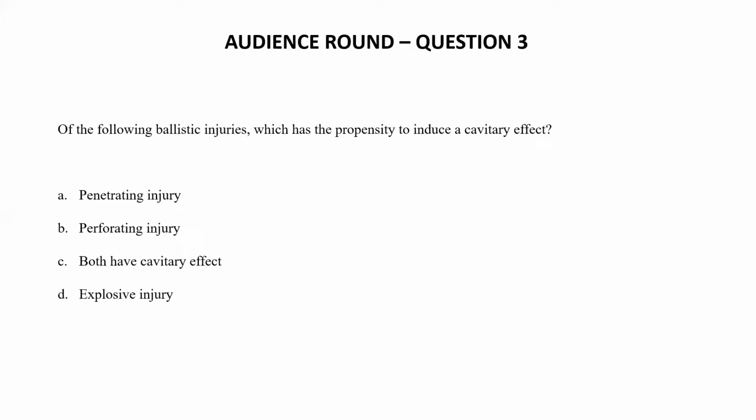Of the following ballistic injuries, which has the propensity to induce a cavitatory effect? Penetrating injury, perforating injury, both have the same, or is it an explosive injury? This question is only for the audience. Which has the propensity to induce a cavitatory effect?